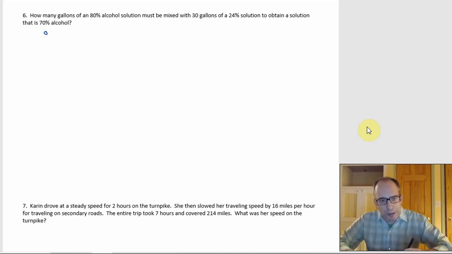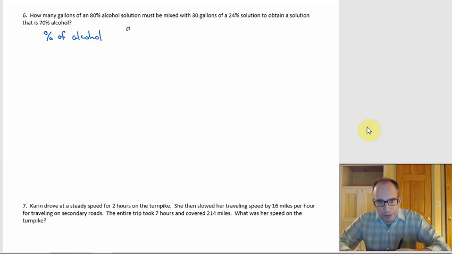Well, if we're going to make the table, we'd have the percentage of alcohol. And then we would have, let's see, I guess the amount of solution. So I'll say amount of solution. And then what else could we get out of these?